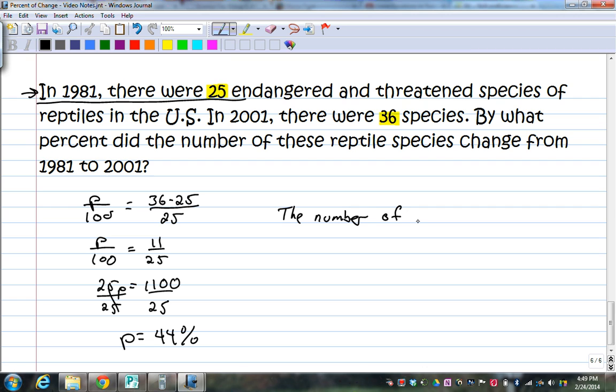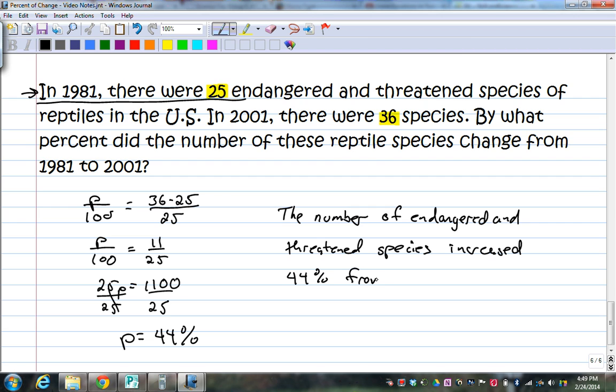The number of endangered or threatened species, or we could say reptiles or species, I guess, increased 44%, that's significant, from 1981 to 2001.